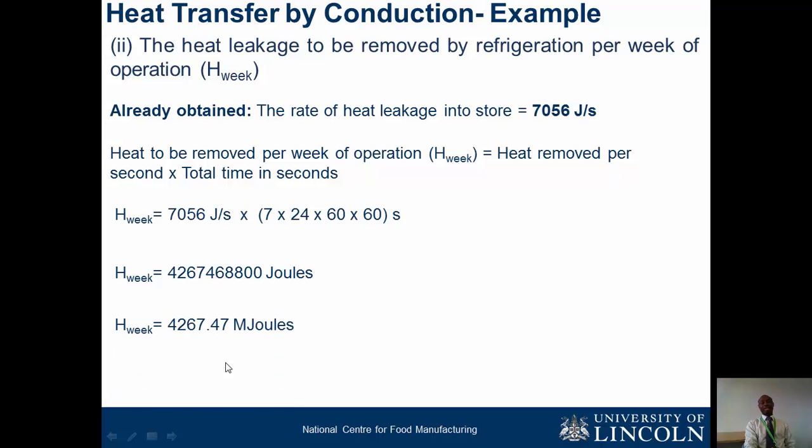This can be expressed in megajoules by dividing by 10 raised to the power 6, which is three zeros and another three zeros. So we have 4267.47 megajoules, approximating. So that's the amount of heat to be removed by refrigeration per week.